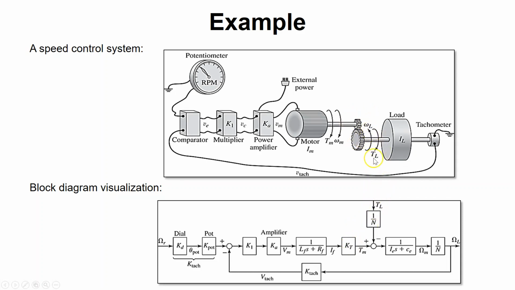Okay, and then the summation of the two, or subtraction of the two, with the electric motor torque positive and with the disturbance torque negative, will go into the shaft.